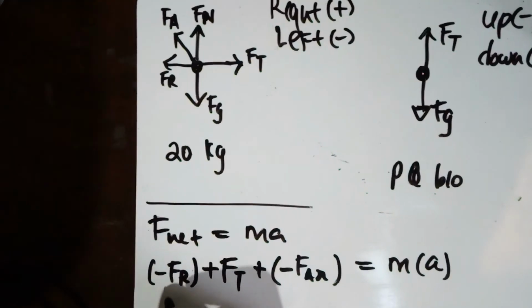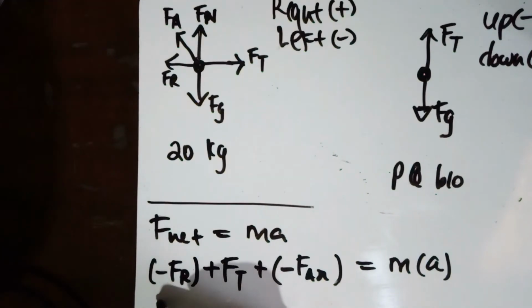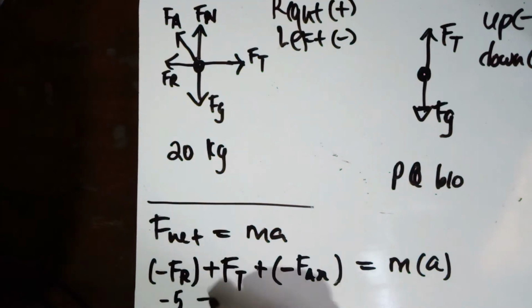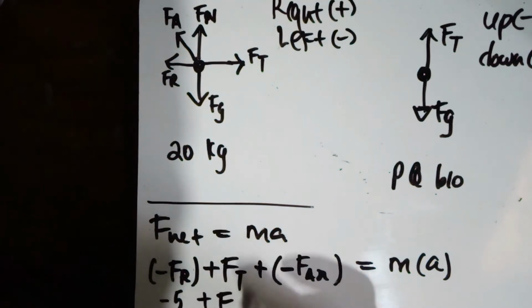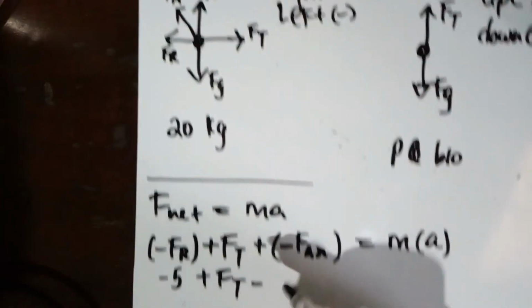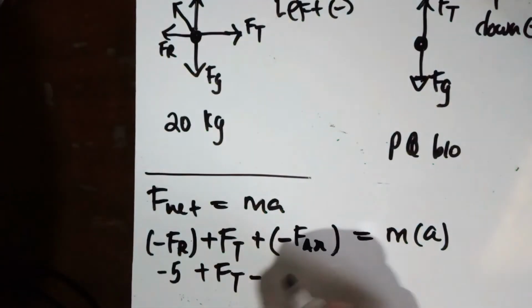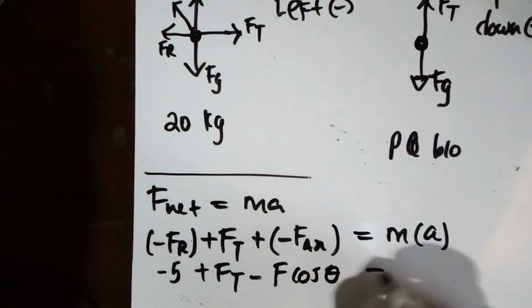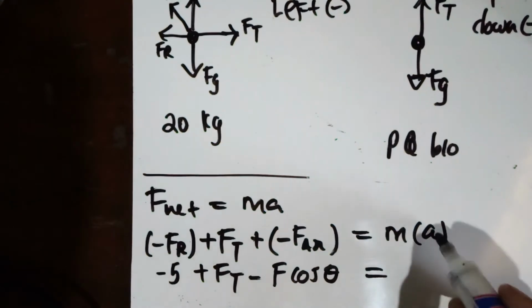But remember, because it's moving at a constant speed, its acceleration will be 0. So we know the value of Fr they gave us. They said it's 5, so we just put minus 5 there. We don't know the value of the tension, and then minus the x component of the applied force, which would be F cos theta, equals m times 0. This is 0 here.